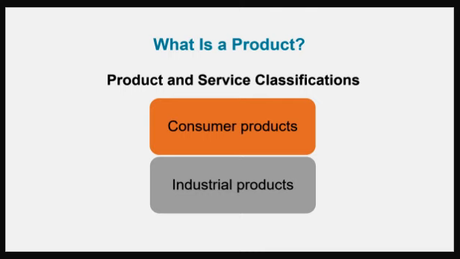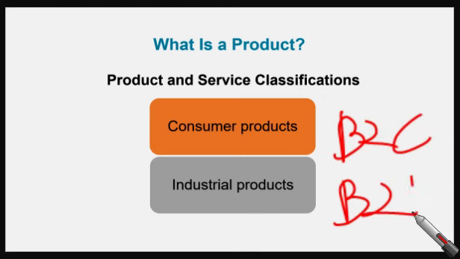If you want to use this product for further production, then you can say industrial products. In other words, we also can say this as B2C and B2B sometimes.